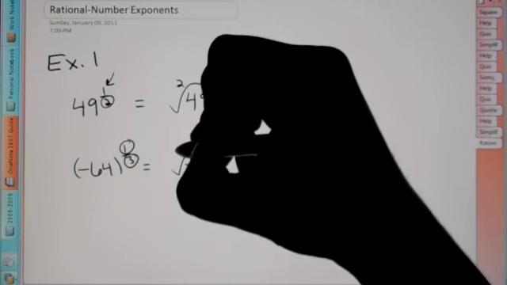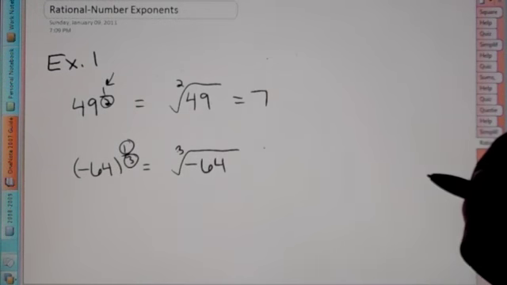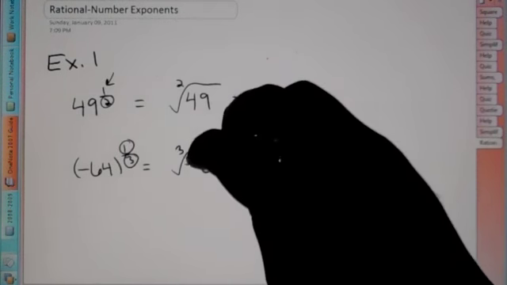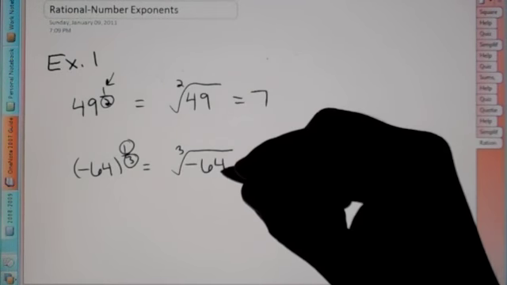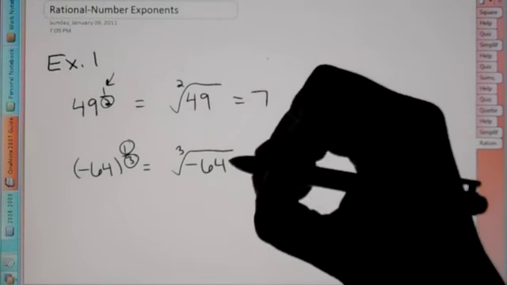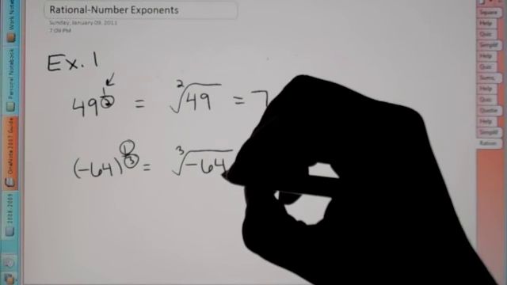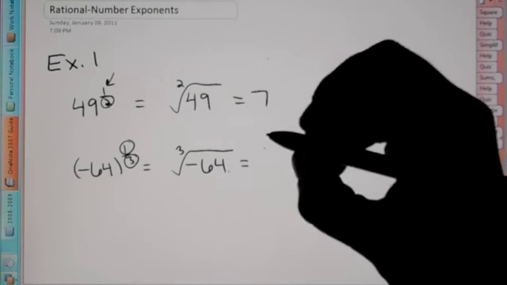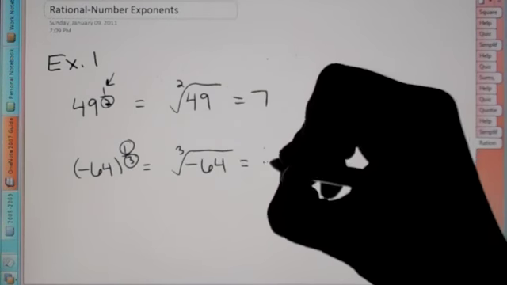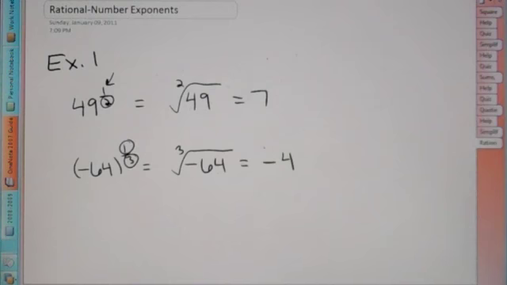And then the 3 is your index on the outside. Okay? And so now we have to break up 64. The third root. What to the third power is 64? And the answer would be 4. And since it's a negative, we know our answer is negative. So negative 4 would be the answer, because negative 4 to the third power is negative 64.